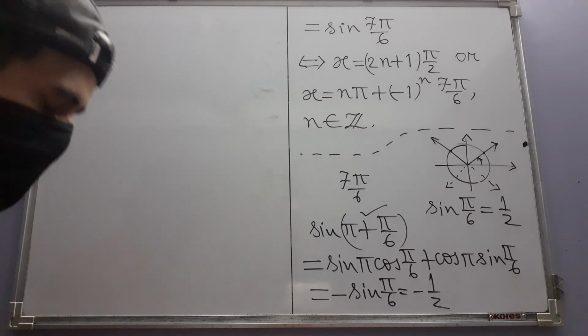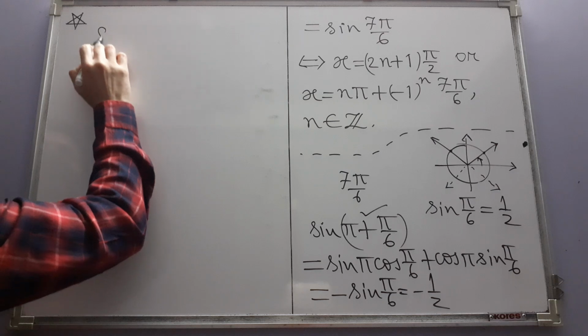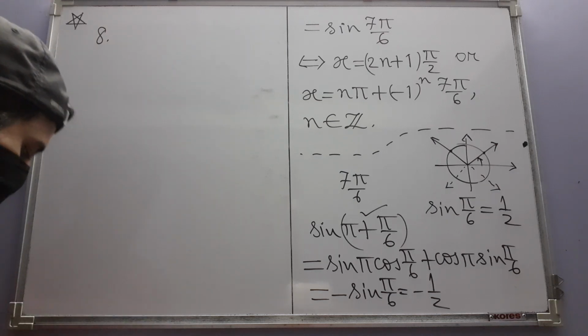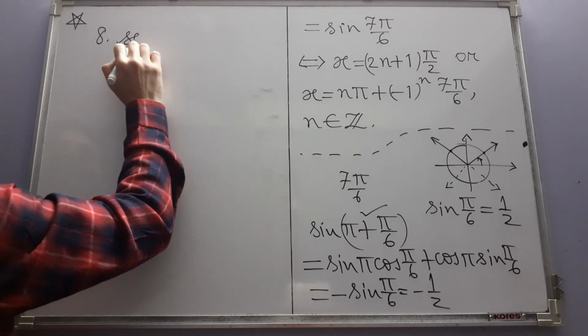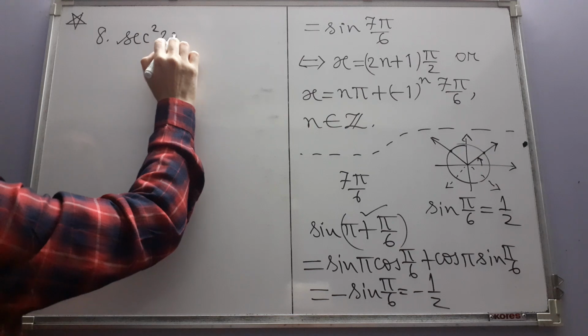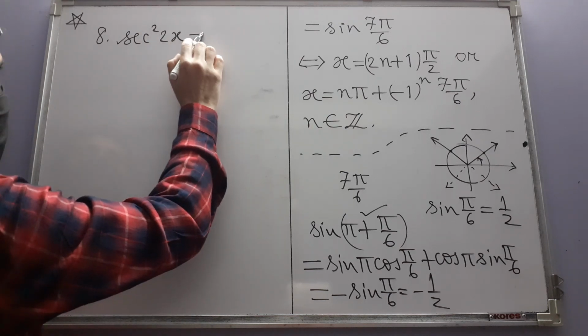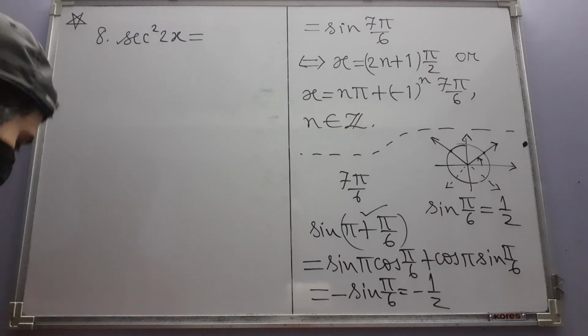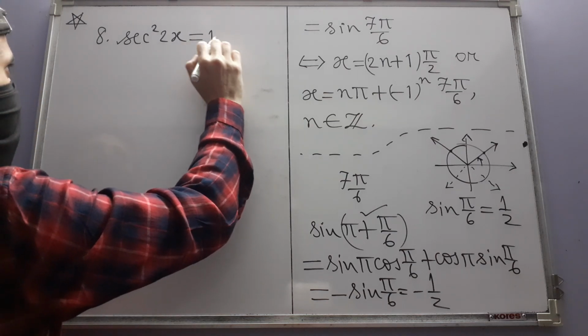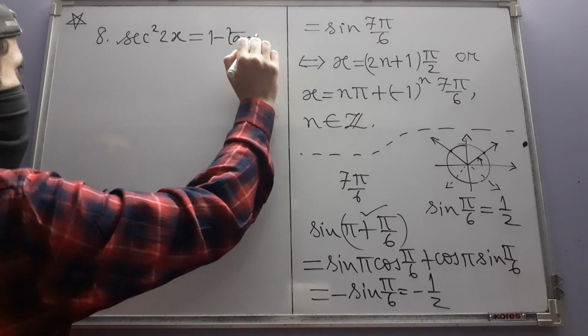Yeah, now we go to some other trigonometric functions. Number 8. Secant square 2x equals 1 minus tan 2x.